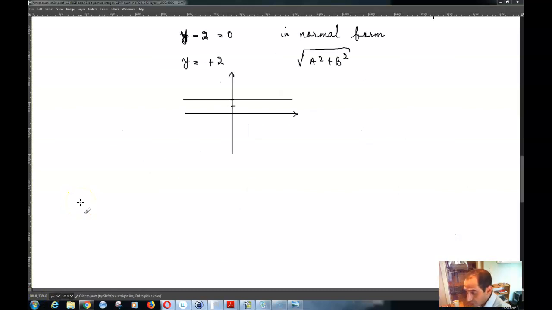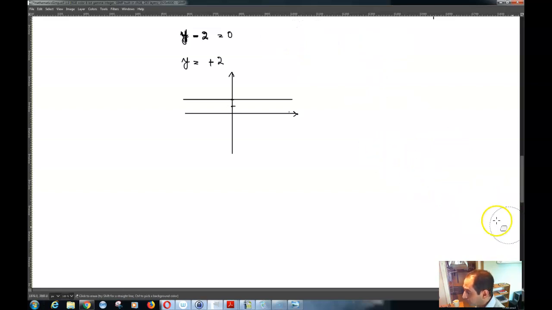Okay, so the next question that we have is this question over here, which is actually an interesting problem. The equation that you have is y minus 2 is equal to 0. If you take 2 to the other side of the equation, you'll get y is equal to 2, and there you will get this horizontal line, y is equal to 2.